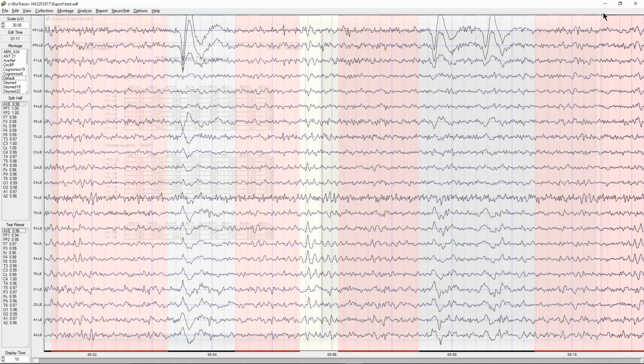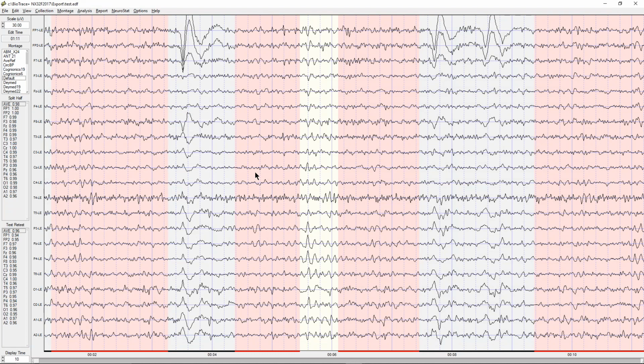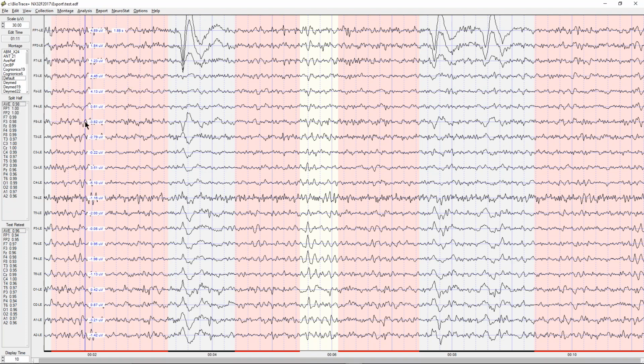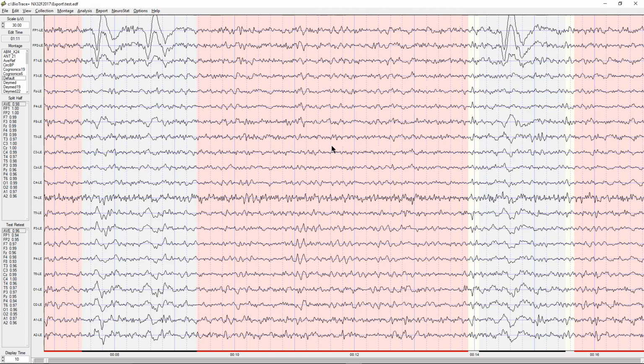This may not be a classical example of a low voltage fast pattern, but it's a pretty low voltage fast EEG. If we look at our amplitude marker, we can take a look and see what the voltage is. The voltage of this EEG really doesn't even exceed 5 microvolts most of the time. And the minimum in any literature you might want to look at is going to be expecting at least 10 microvolts of EEG.